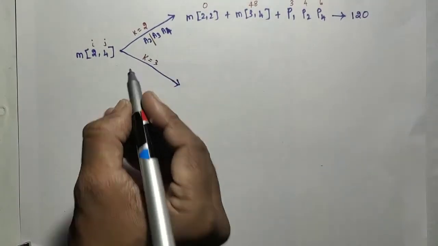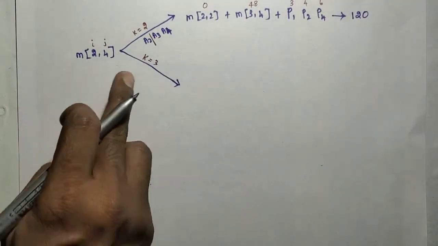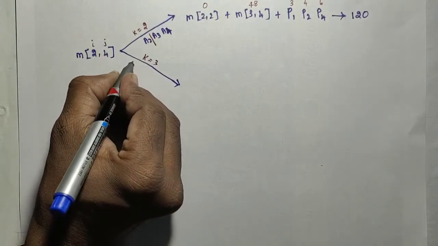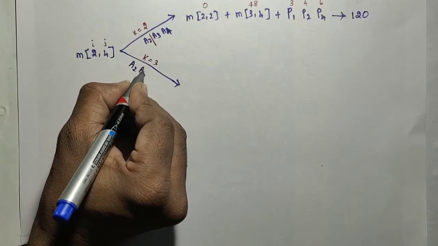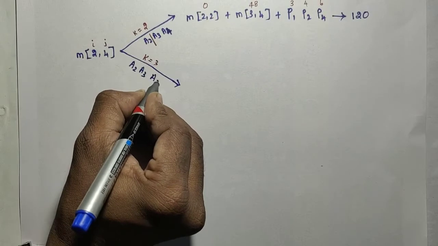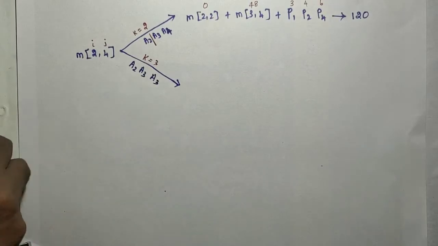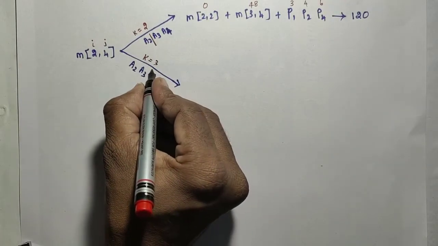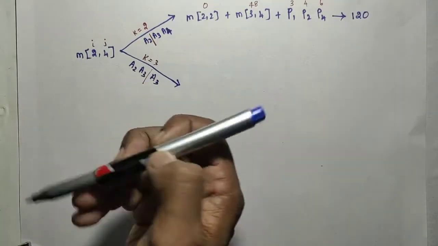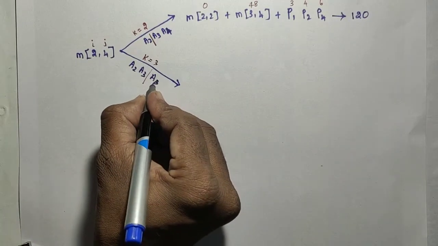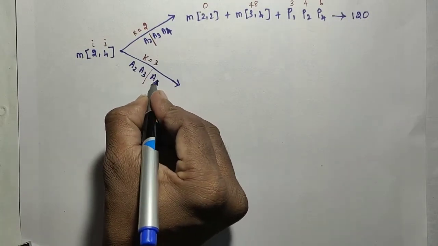Another option is if the cut is made at 3, with input A2, A3 and A4. The split occurs at 3, and then the last one is 4.